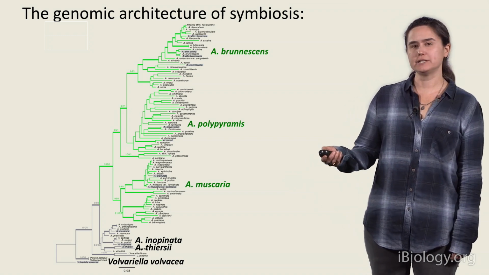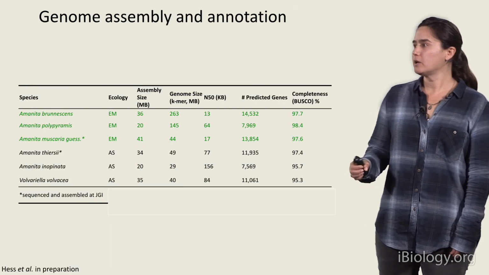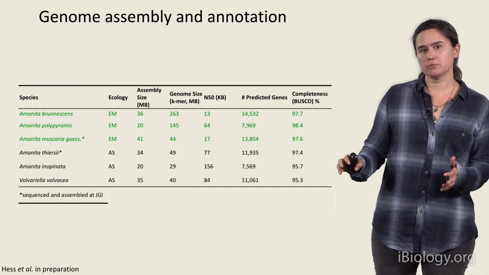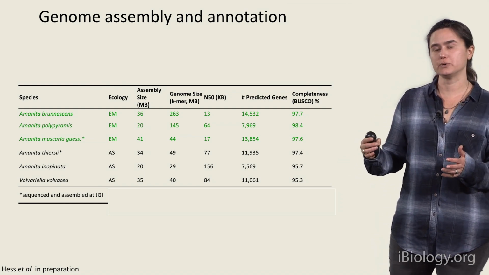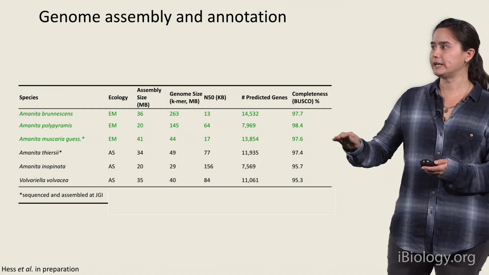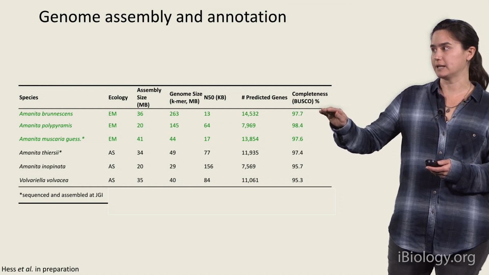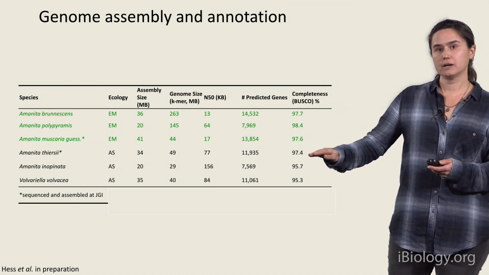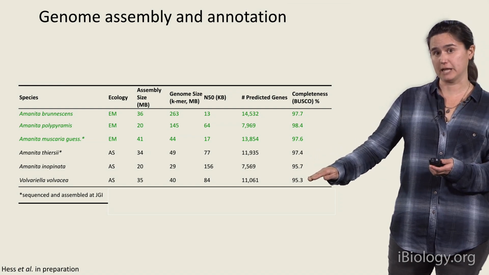So what did we do with these genomes to try to understand the ectomycorrhizal symbiosis? Well, what we did first was the most straightforward job, which was just to compare and contrast the different genomes to each other. So in previous slides, in this slide, and in future slides, green always marks the symbiotic fungi that associate with plants. Black are the fungi that are free-living decomposers and do not associate with plants.